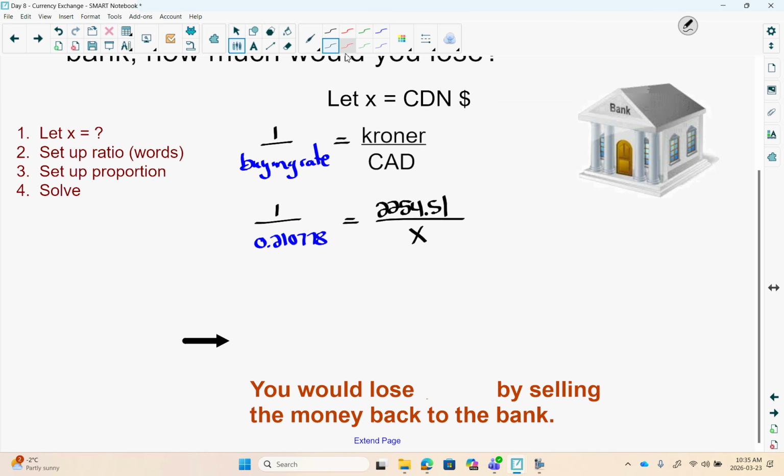How do I figure this out? I'm going to cross multiply. I would start at the variable X, multiply it by 1, that gives you X. And then I'm going to go 2254.51 times 0.210778.